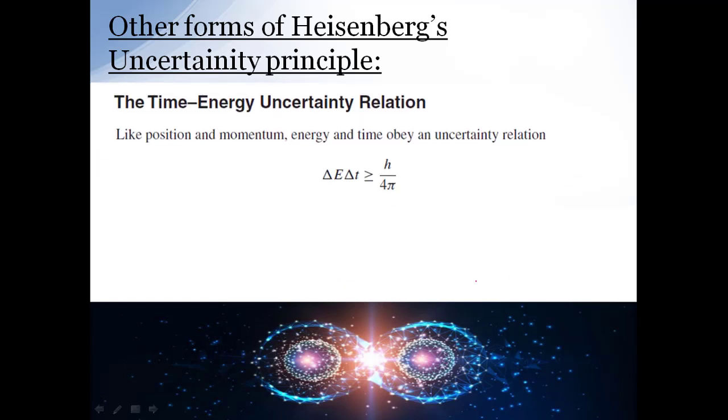First, the time-energy uncertainty relation. This is energy, and this is time. Similarly to position and momentum, energy and time also obey Heisenberg's uncertainty principle. So if an attempt is made to measure the energy, then the measurement of time becomes less accurate.